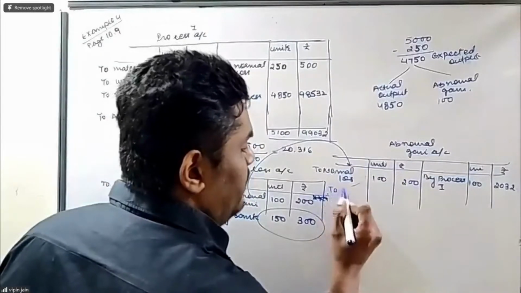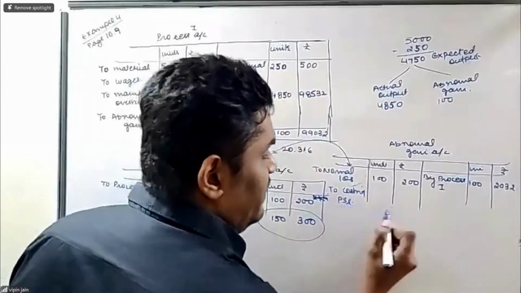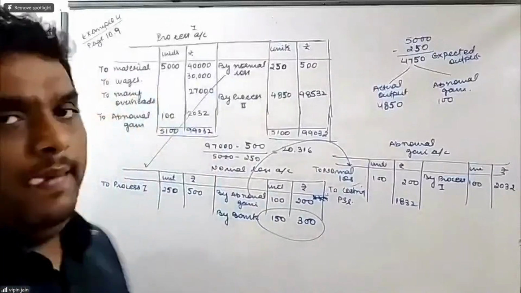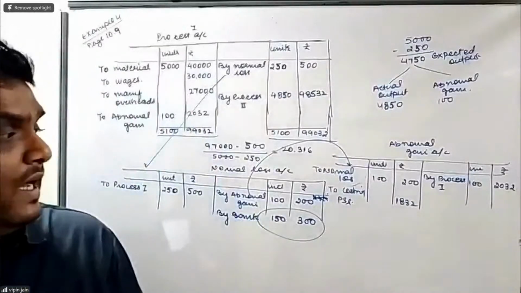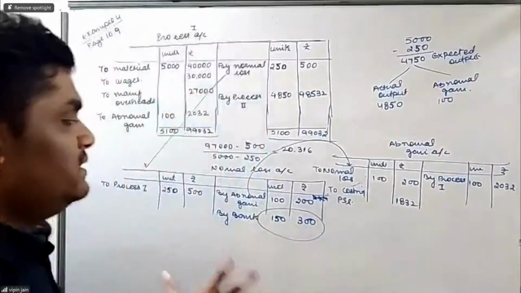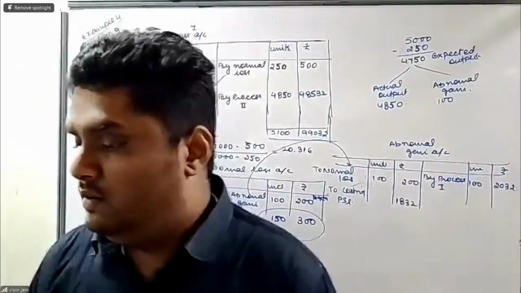Only balance amount will be transferred to costing P&L. This is how the abnormal gain account is to be prepared. This account is not given in the study material, so I request you guys to please copy this part.